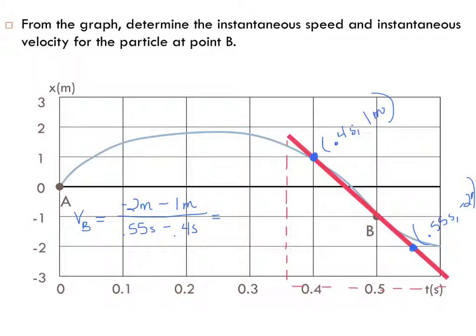So this is the velocity at B. You should have gotten -20 meters per second for your instantaneous velocity at point B. And for your instantaneous speed, it's simply the absolute value of your instantaneous velocity. So 20 meters per second.